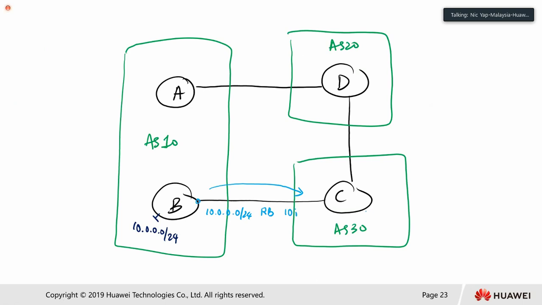So router C will receive this as a best valid route: 10.0.0.0, router B, 10i.